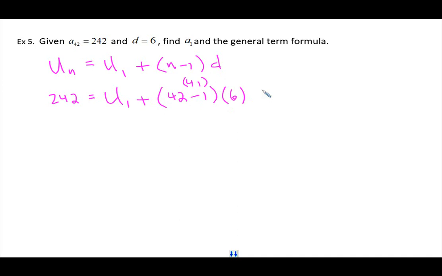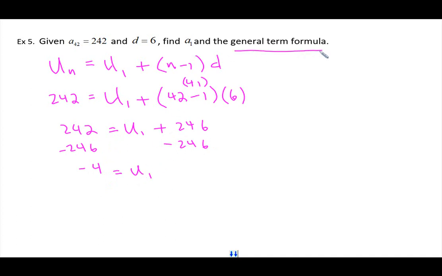So we do 41 times 6, and it'll be 246. So 242 is equal to u sub 1 plus 246. So if we minus 246 on both sides, u sub 1 is going to equal, right, we're getting negative 4. So we just found the first term.